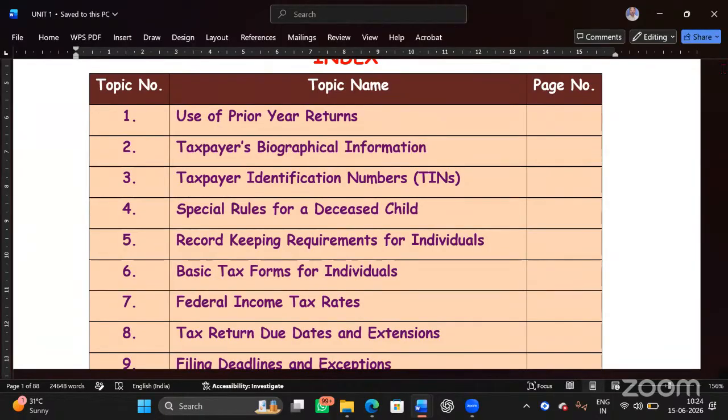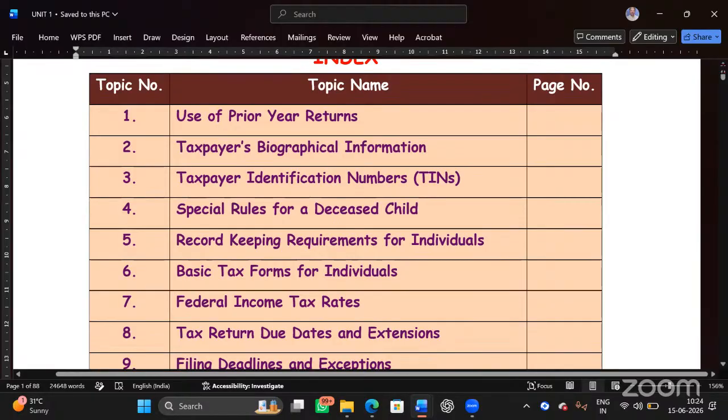Second one, taxpayers biographical information. What is the first name, second one, last name, social security number, date of birth, what is the address of the taxpayer, how many dependents the taxpayer has, whether that person is a citizen of America or any outside country.